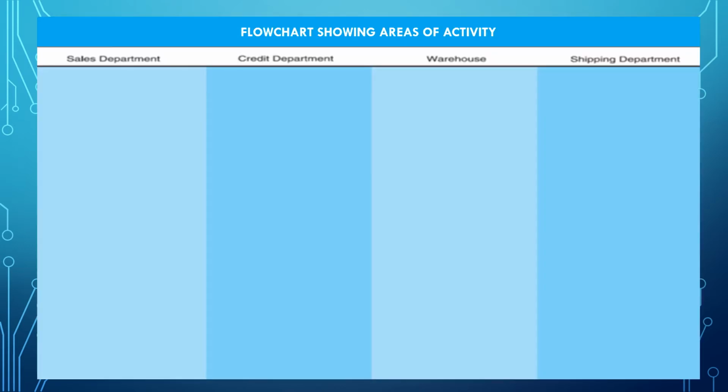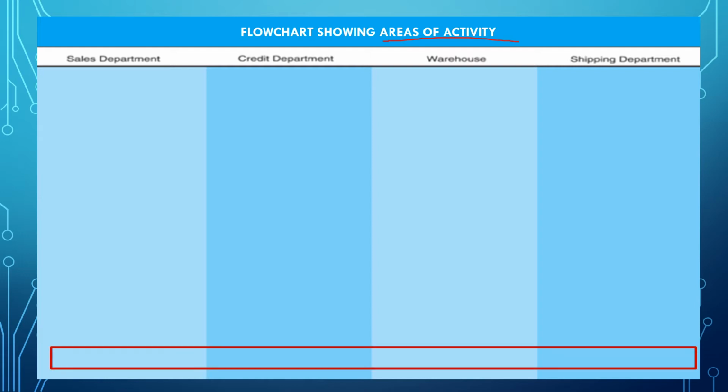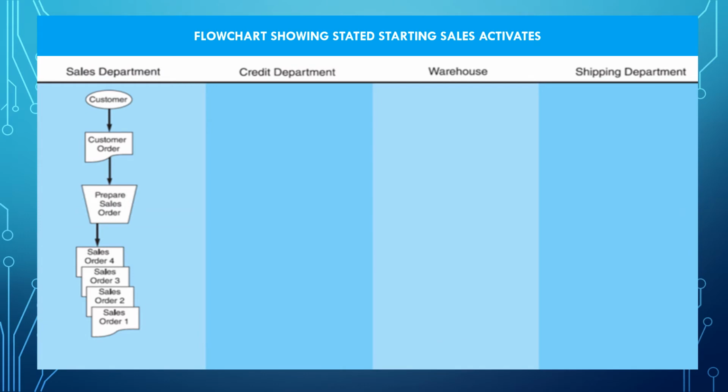In the system flowchart, we can determine the area of the activities or the location. You can see here the sales department, credit department, warehouse, shipping department, and so on. What we can notice here is the manual process, where the transaction is based on manual documents.